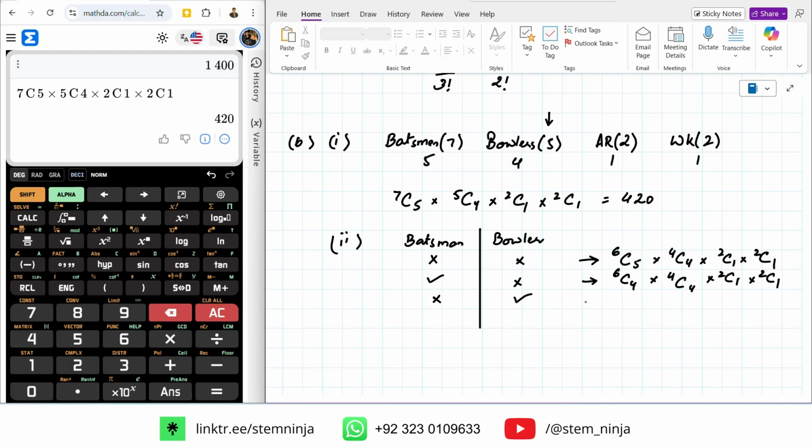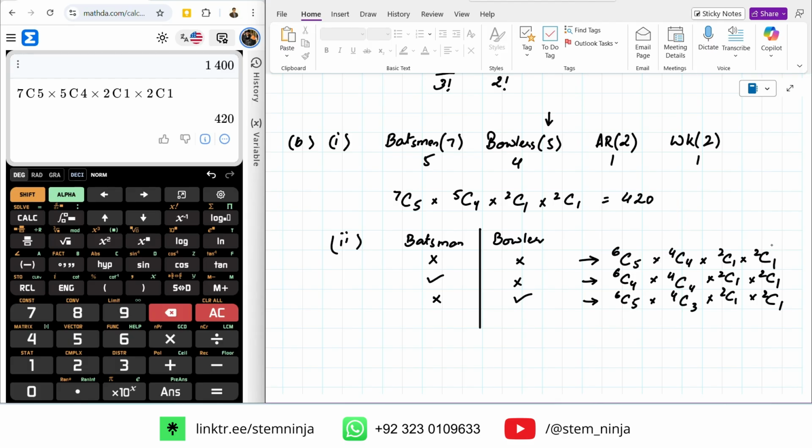And if the bowler is in this time, out of 6 we need 5, because 1 batsman cannot be selected. If the one bowler has been selected, that means we need 4C3 and 2C1, 2C1.